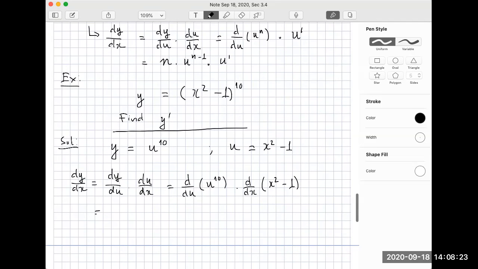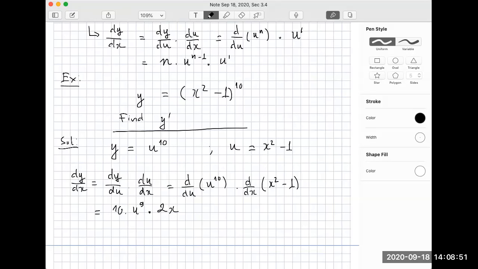So, Yassini, what do we have here? d over du of u to the 10. Yes, perfect. It will be 10 u to the 9 and multiply with d over dx of x squared minus 1. Very good. It is 2x here, right?